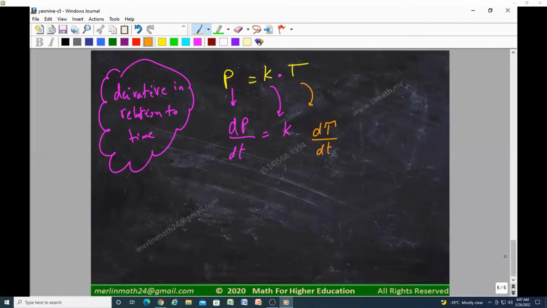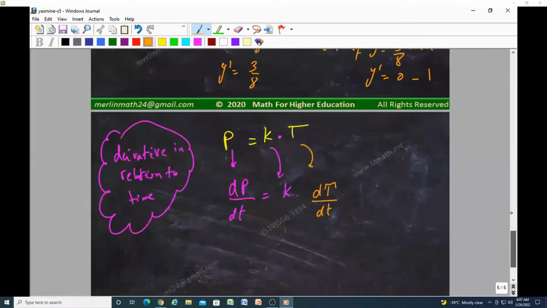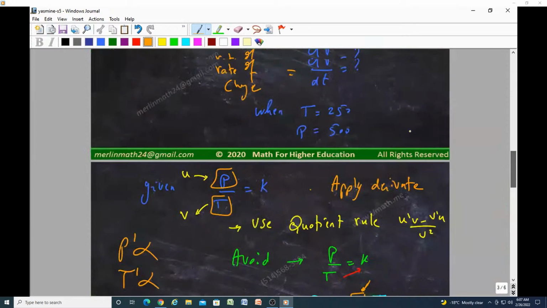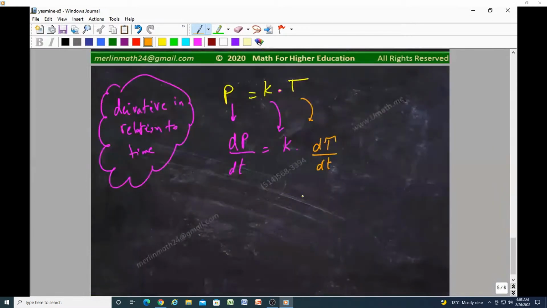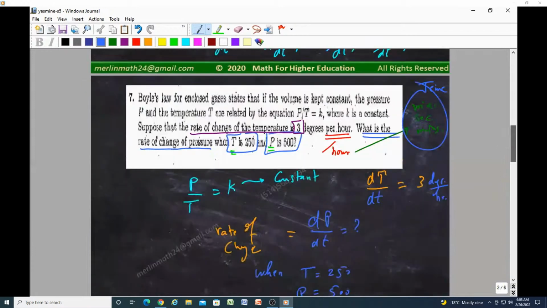Now you should replace numbers. Easy to replace numbers. How much is the rate of temperature changing? We said it's 3, you see, at the beginning. So you put 3. Now how much is k? To find k, you see from the beginning that P over T equals k.